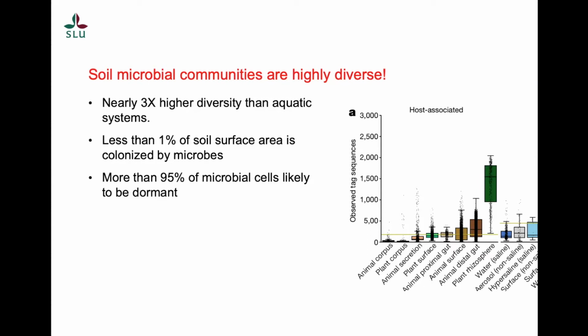You can see it's only when you get into sediment that you actually start to see a jump up in the diversity. But then sediment too is also going to be quite diverse, but soil really is even more diverse. And then when you get into plant rhizosphere, which is also in soil, it becomes even more diverse.